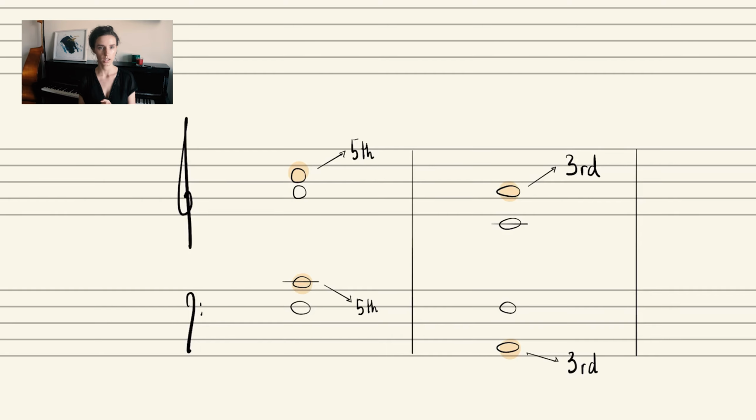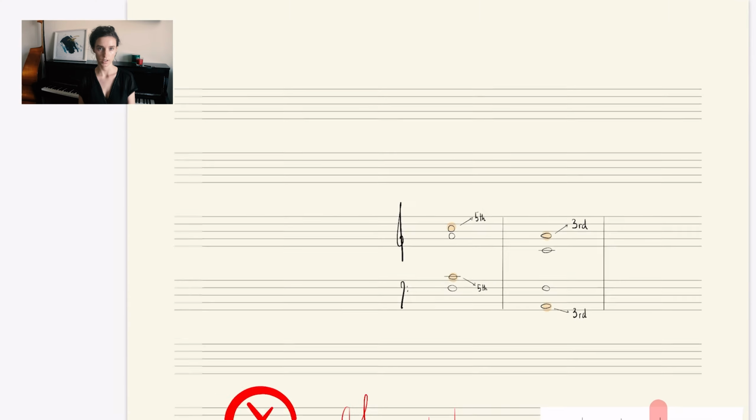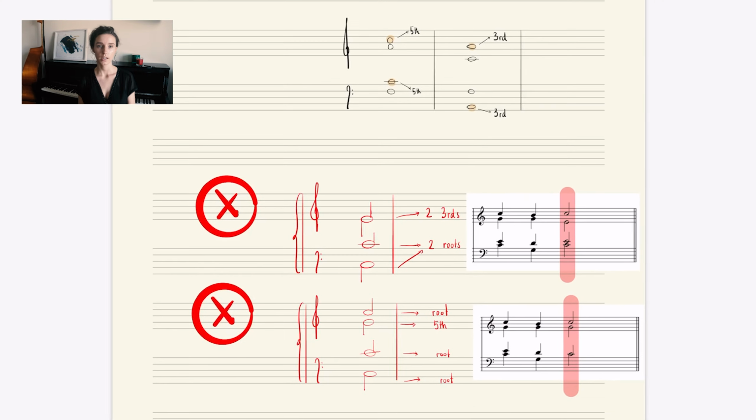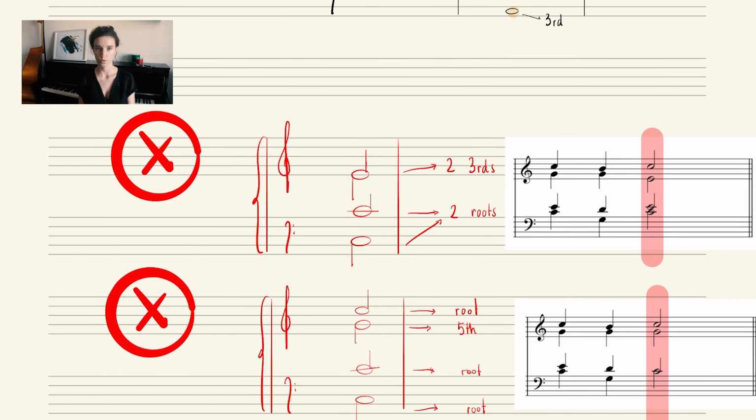There are 2 things to avoid, however. Avoid having 2 roots and 2 thirds. And also, do not ever omit the 3rd. So in every chord, you should always have a 3rd.